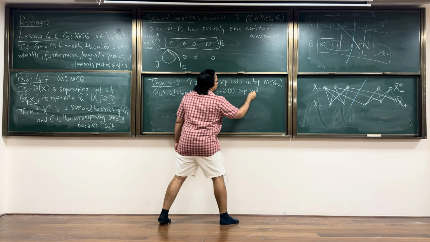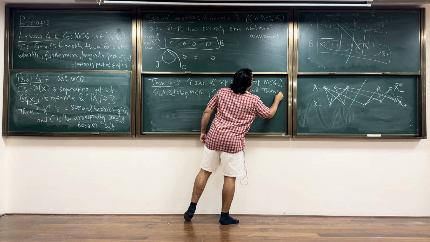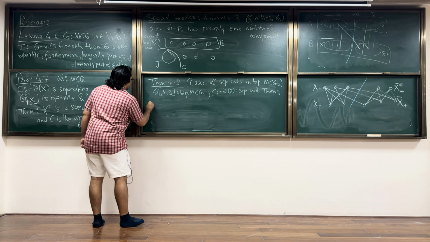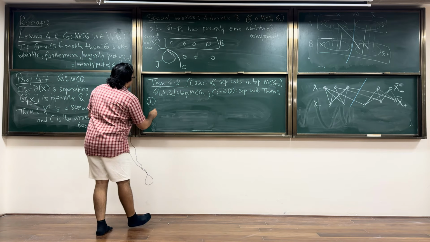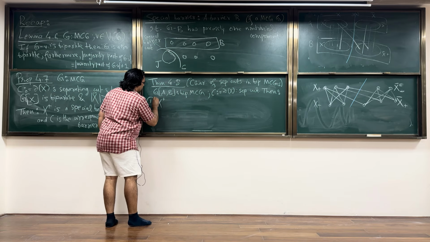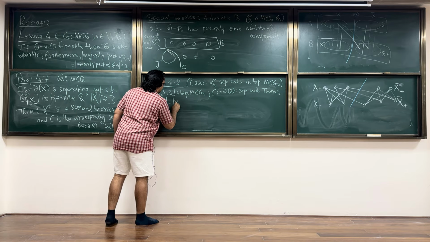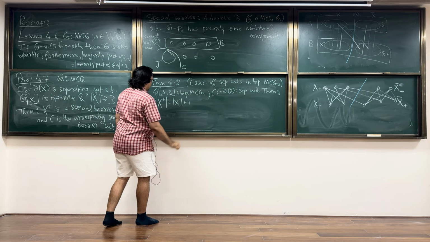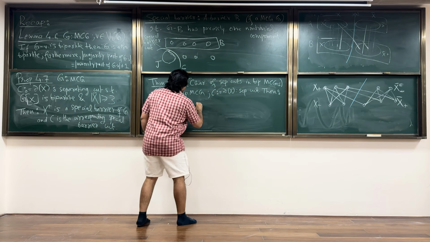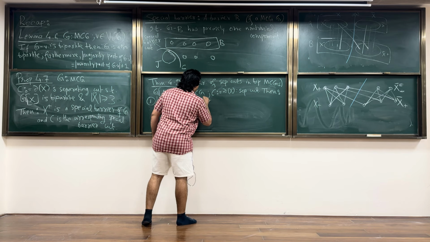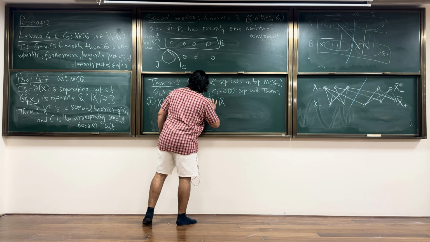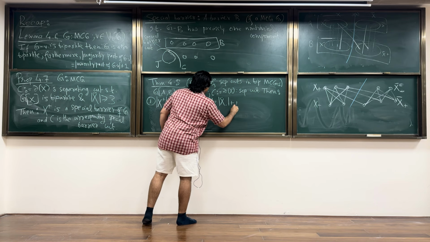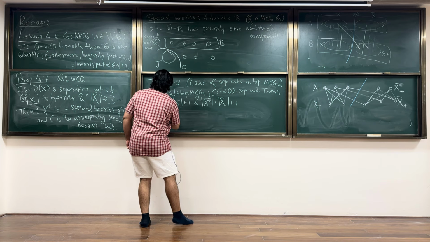Then the following holds. The majority part of X, X plus, has exactly one more vertex than the minority part, and likewise the majority part of X bar is exactly the minority part plus 1.